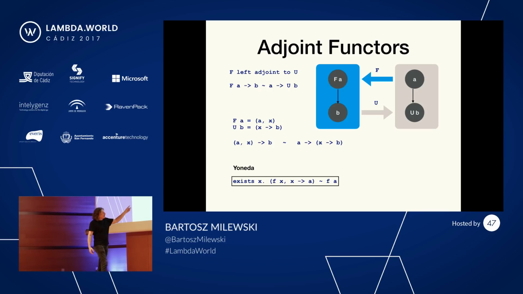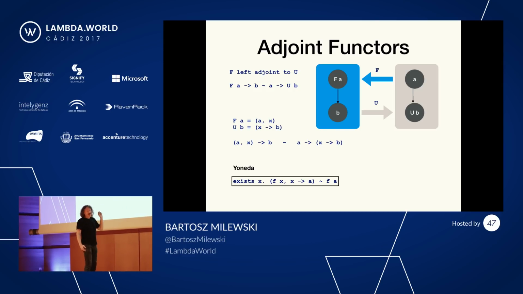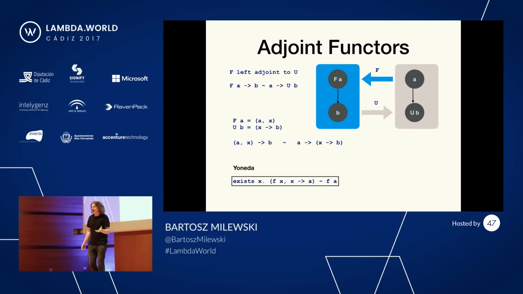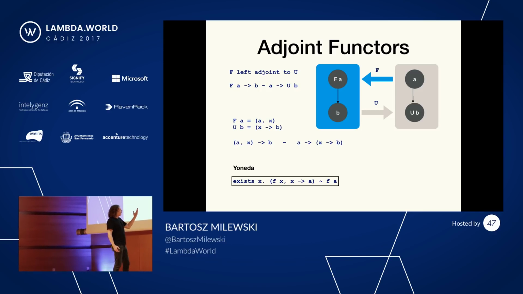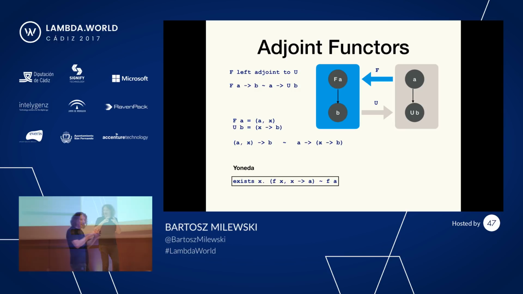So there exists an X. I have a data structure in which X is hidden, right? I know there is an X, but I don't know what it is. Somebody gave me this data structure. It's like data hiding, right? And it contains fx, a functor acting on x, which you can think of as a container of x's.